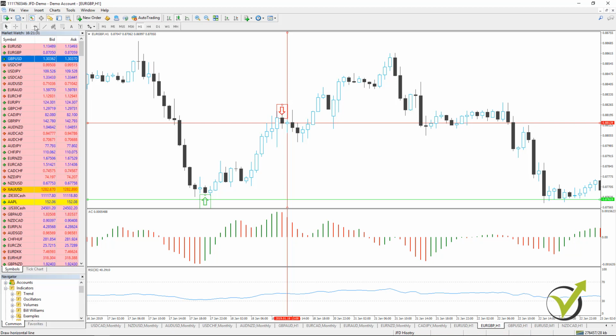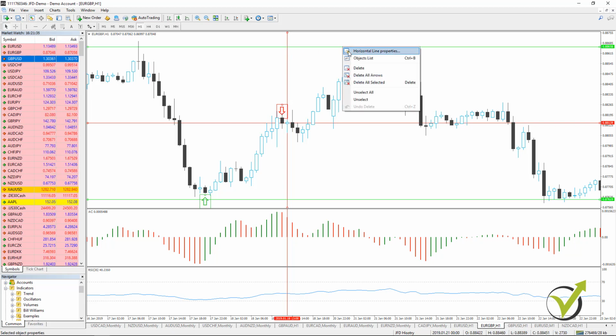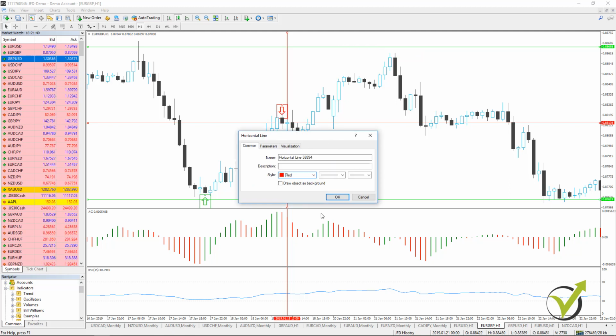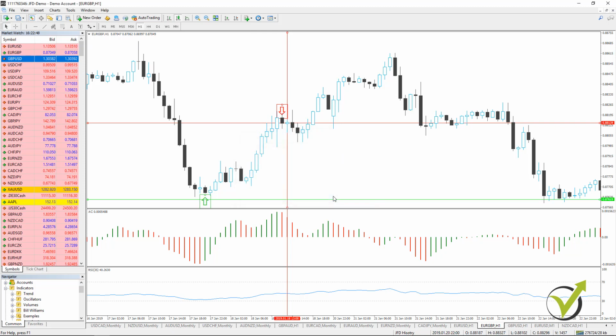We set a stop loss of 78 pips, so it will be right here above somewhere. I will calculate it. I will change the color to red because it's a stop loss, and exactly we need to place it at 0.8813 plus 78 pips. That would be 0.8891, and then we have 9 points to make it precise.